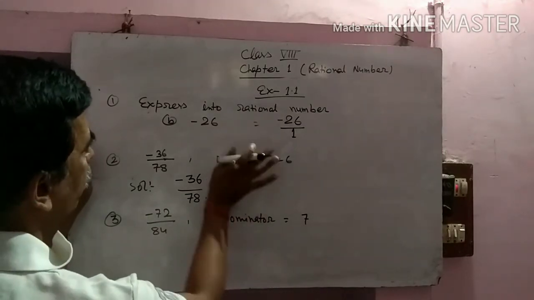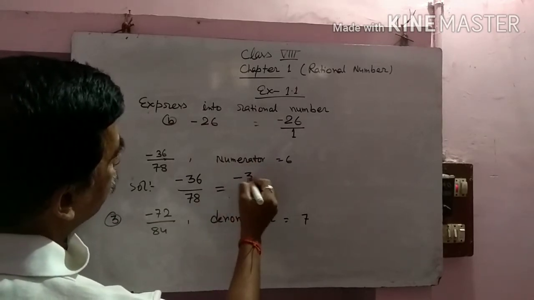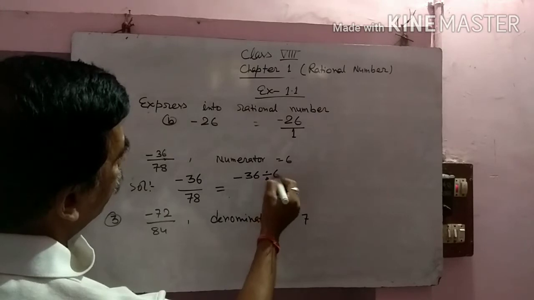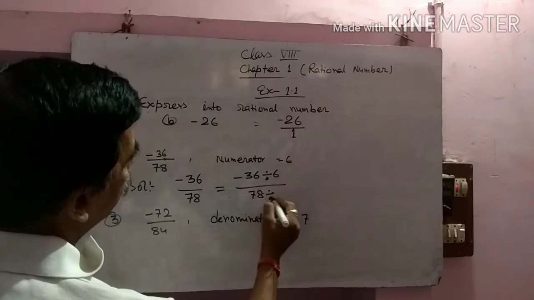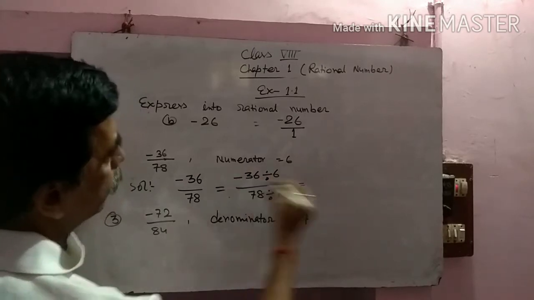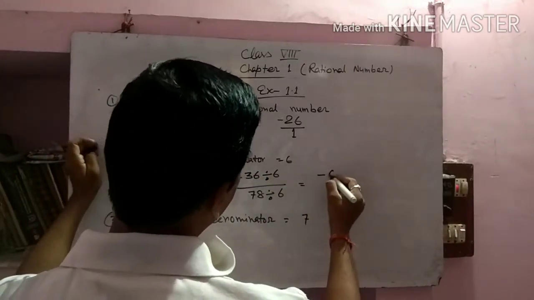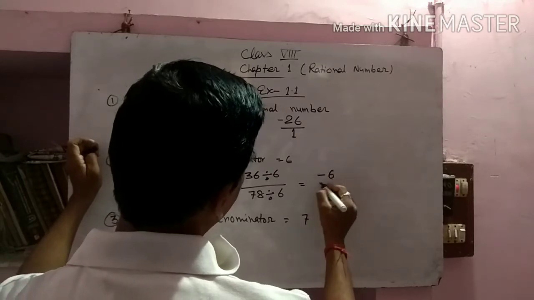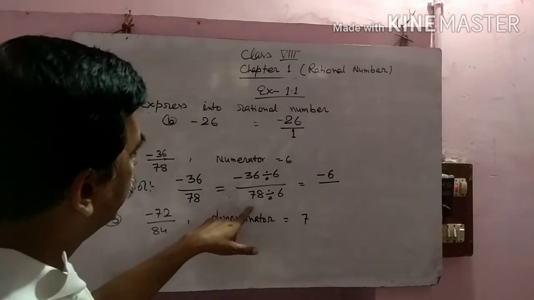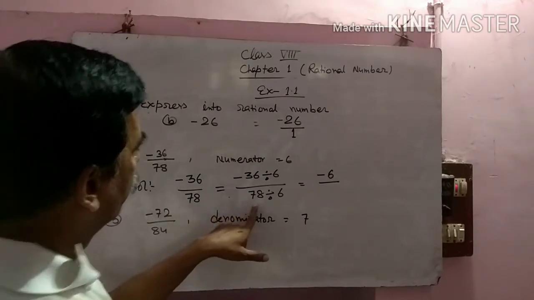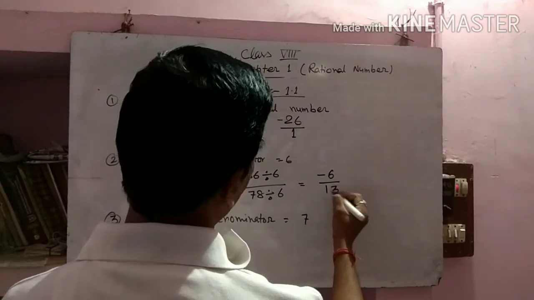So first of all, write minus 36 divided by 6 and 78 divided by 6. So the numerator becomes minus 6 by, and the denominator is, 6 ones are 6 and 6 thirteens are 78, like this.